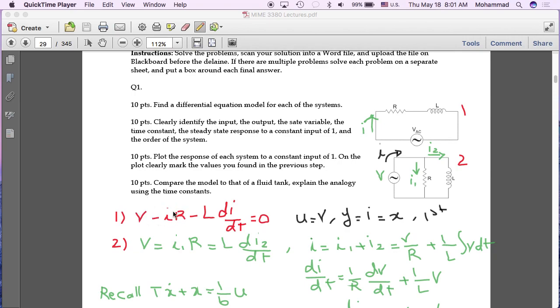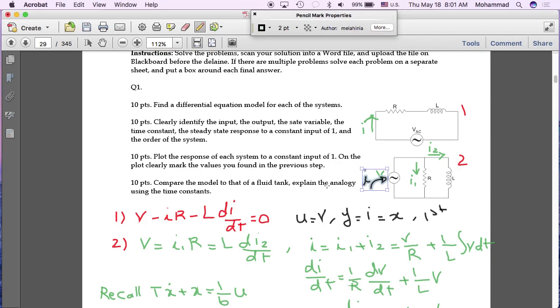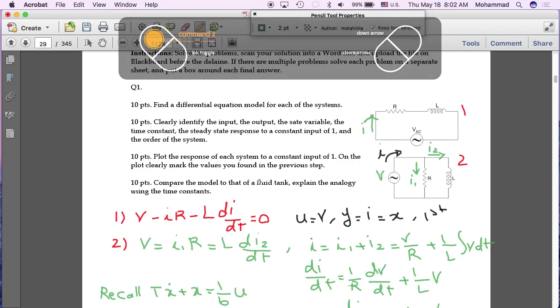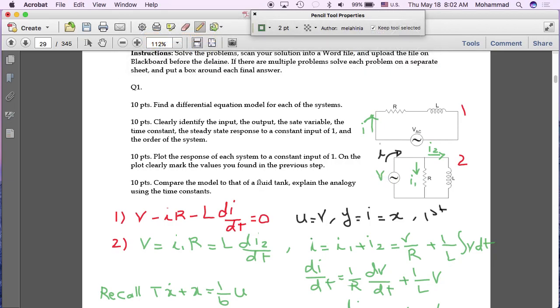What causes this output to change is the input, which in this case, again, makes sense to be the voltage. It's a first order system. The only state variable is the current, the output is the current, and the input is V. Now let's look at any questions so far on the first problem.